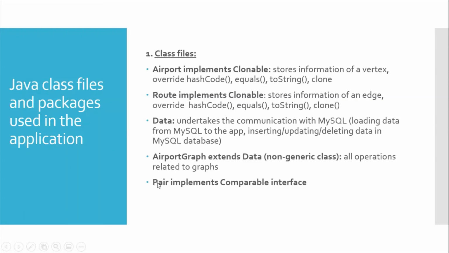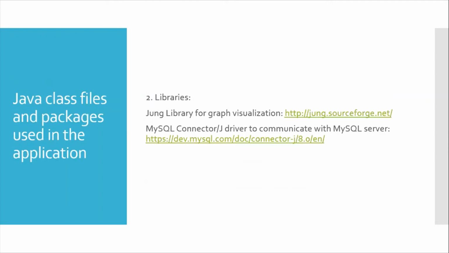And there's a pair class that I use; those pair objects contain the airport and the minimum cost to reach from the source to the airport, and it implements the comparable interface, and I will tell you later why this class has to implement the comparable interface.